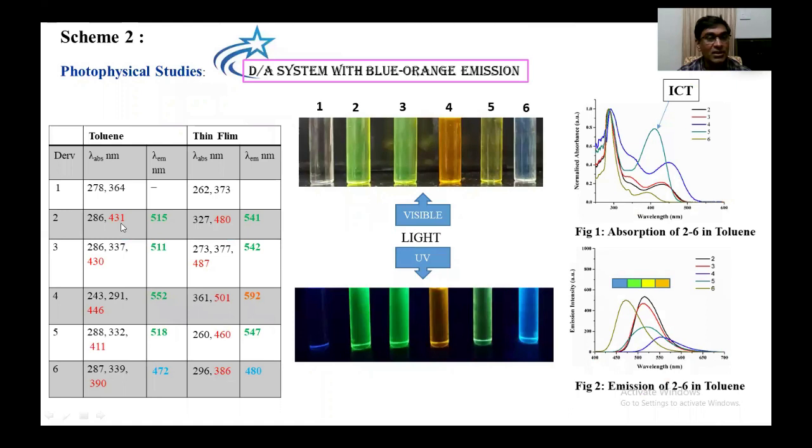For emission you can see these are green and blue emitters. Again in solid thin film we studied the absorption and emission properties. These are the plots, absorption, where you can see the ICT transition, and this is the emission in toluene.